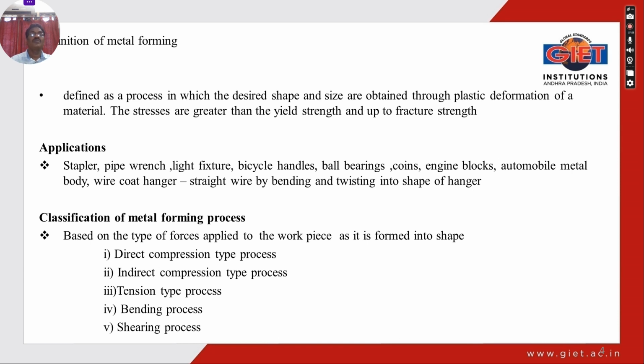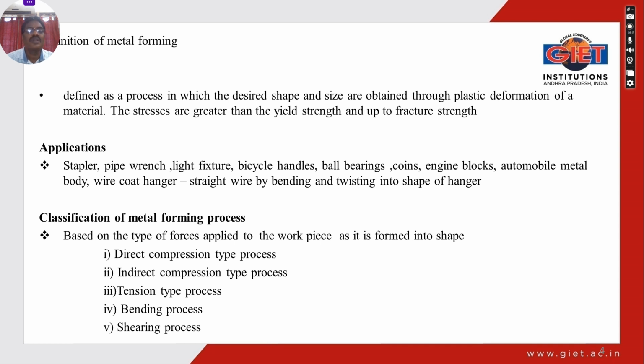So how do we define metal forming process? There are a number of ways to define it. Simply, you can say that changing the existing shape of a component under the action of external forces is called the metal forming process.